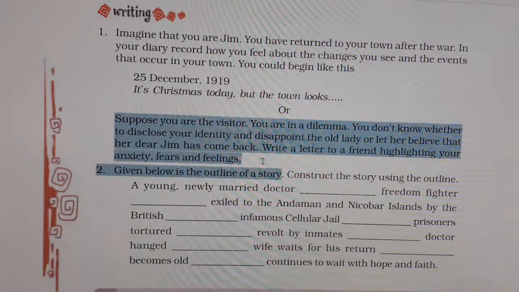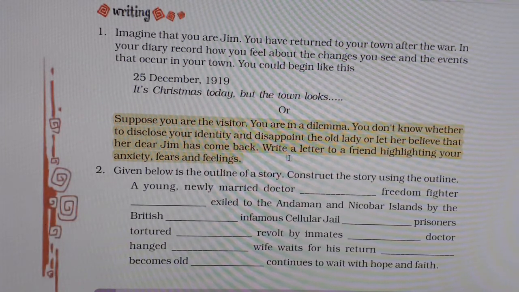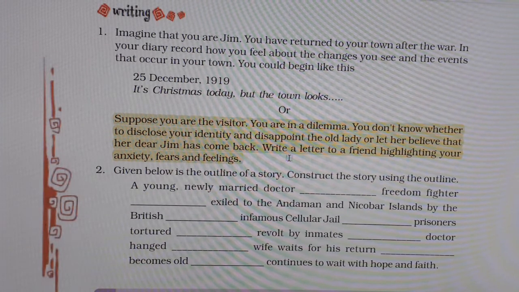Okay, now this is a letter writing part. You have to write a letter to your friend telling him that you went as a visitor to see Mrs. Macpherson, but she presumed that you are Jim, her husband, and you had so many things in your mind.